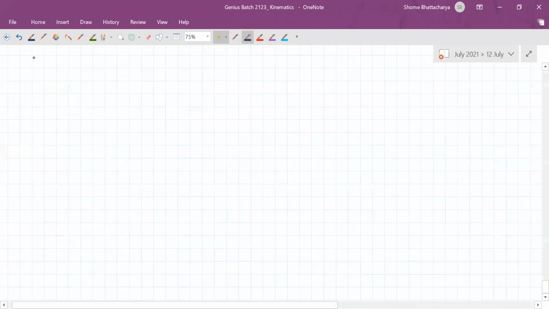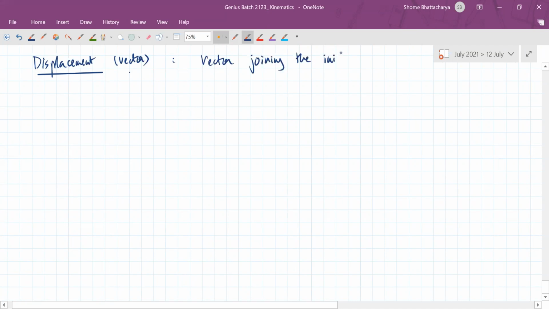Okay, now next thing is displacement. So displacement, again, we'll take it as a vector here. So the definition is that it is a vector joining the initial and final position.